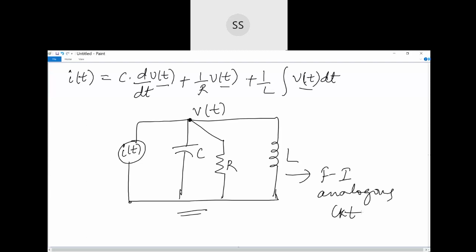Now we have the individual term comparison with the mechanical system. In the mechanical system, in place of I of t the force f of t was there. In the mechanical system there was one displacement x of t, so now in the electrical circuit we have one node voltage v of t. Similarly, there was one mass, now it has become a capacitor.